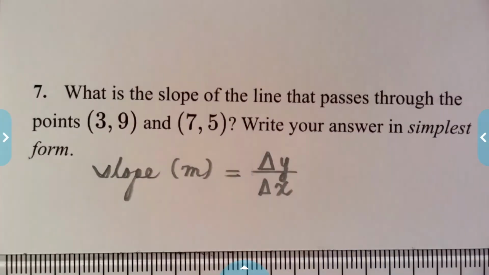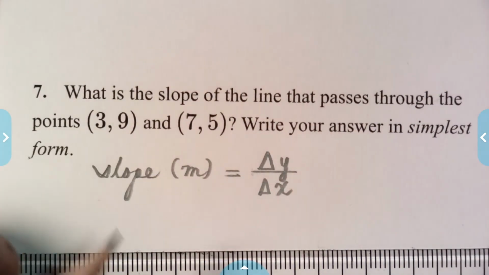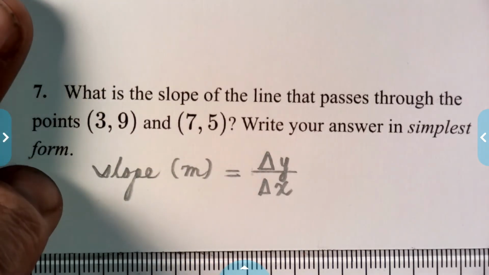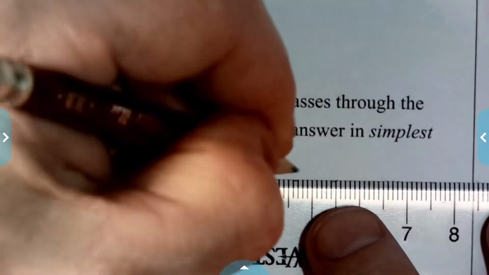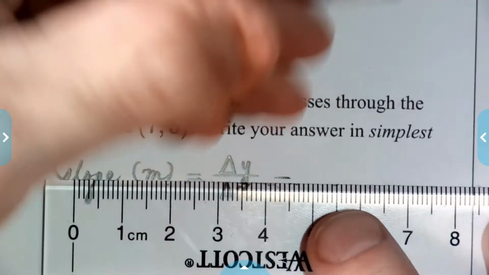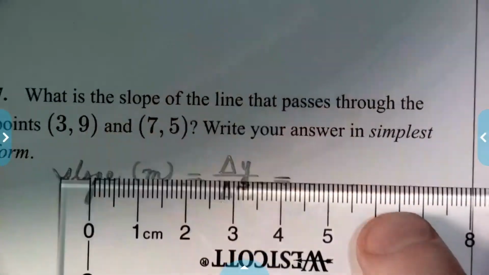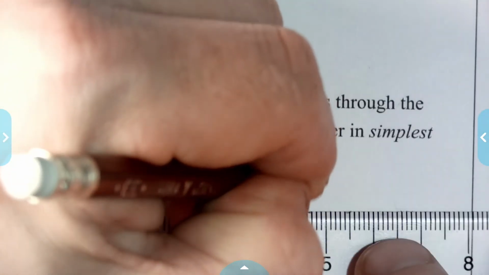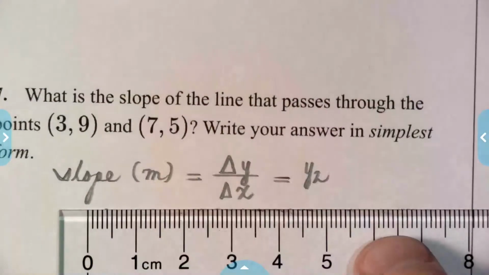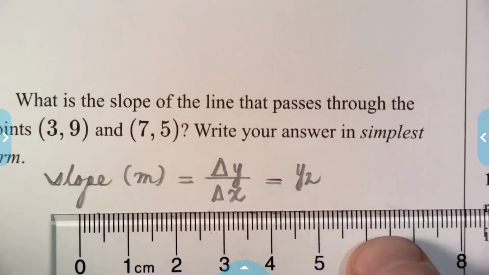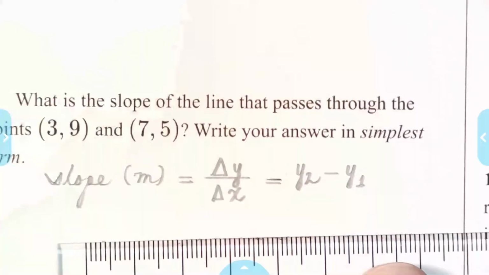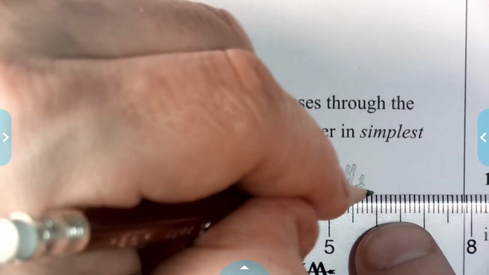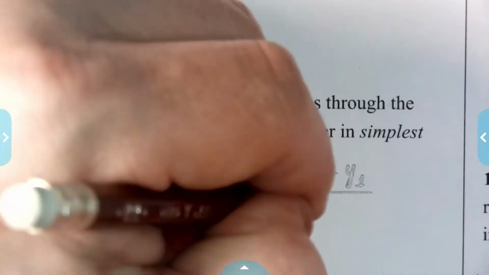And this triangle symbol is the Greek letter delta, which means change in. Okay? Now, practically speaking, what we're going to do to compute that change is we're going to take y2, in other words, the second y value, we'll label them in a second, minus y1, over x2 minus x1.